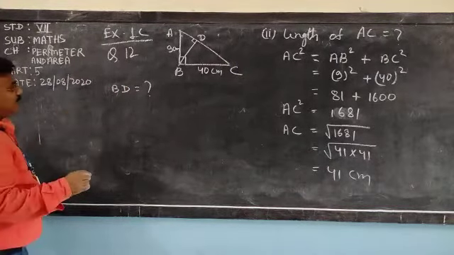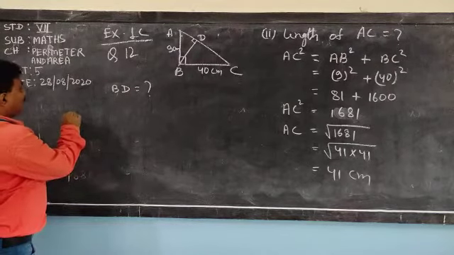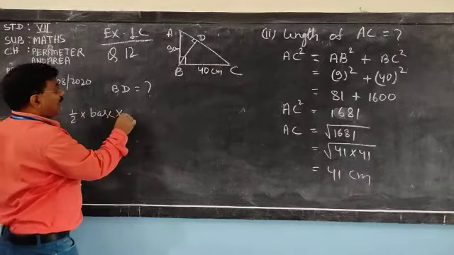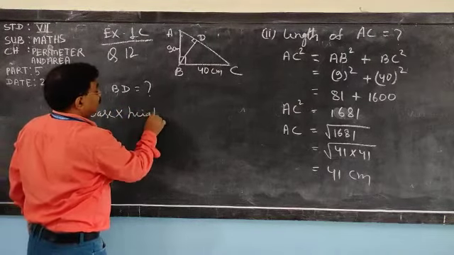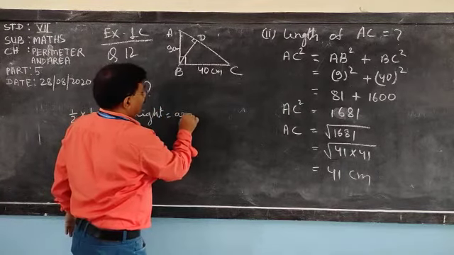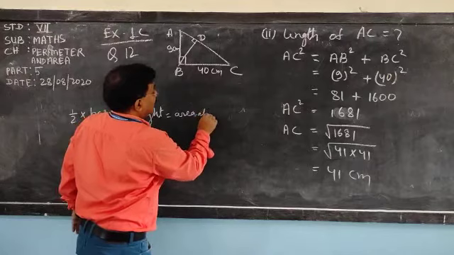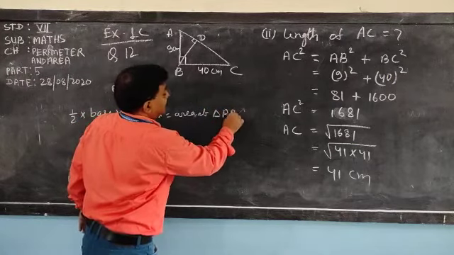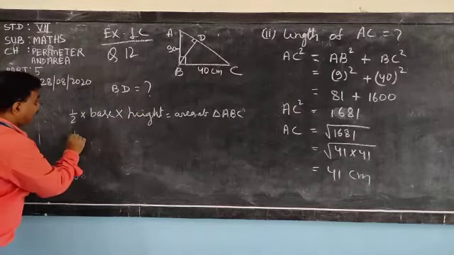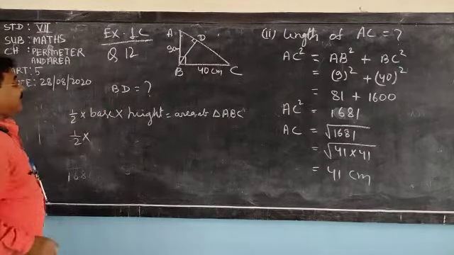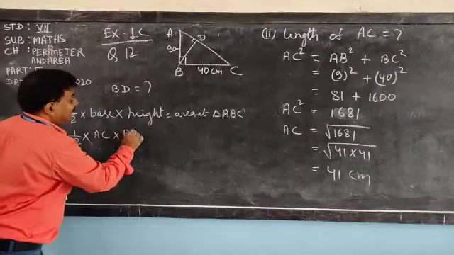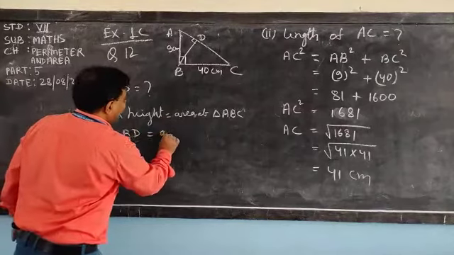So we can write half into base into height is equal to area of triangle ABC. Let me put the values. Half, base is AC, height will become BD, and area.